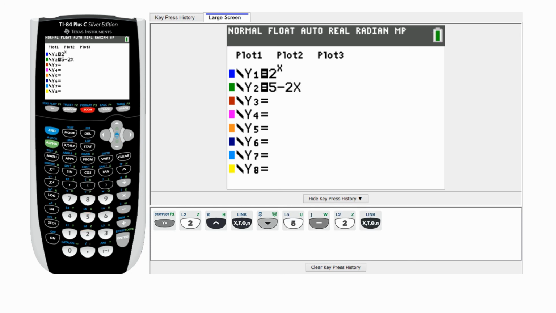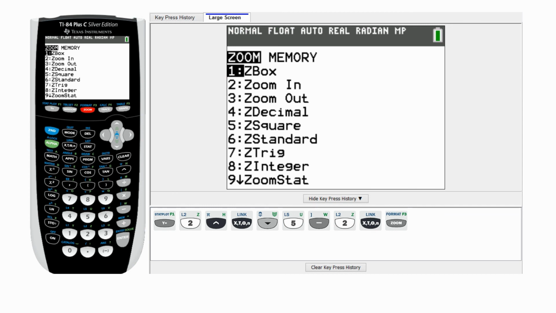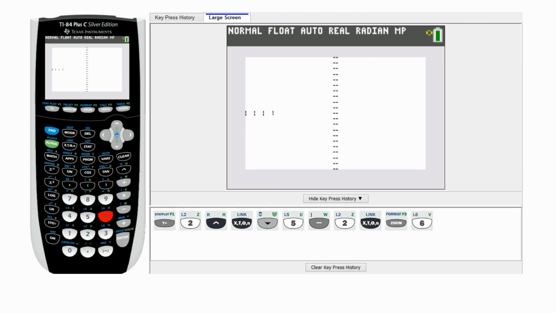Now we want to go to Zoom, and let's choose 6 standard. Our blue line is 2 to the x power, our green line is 5 minus 2x.